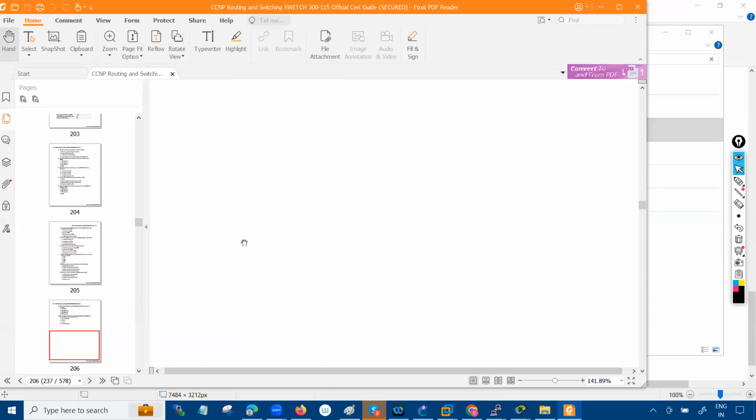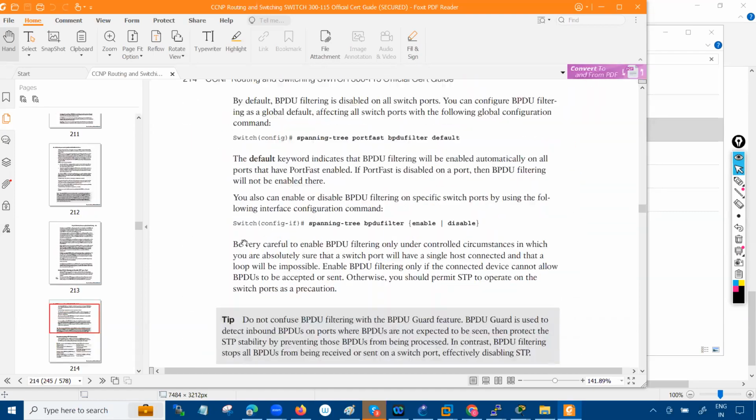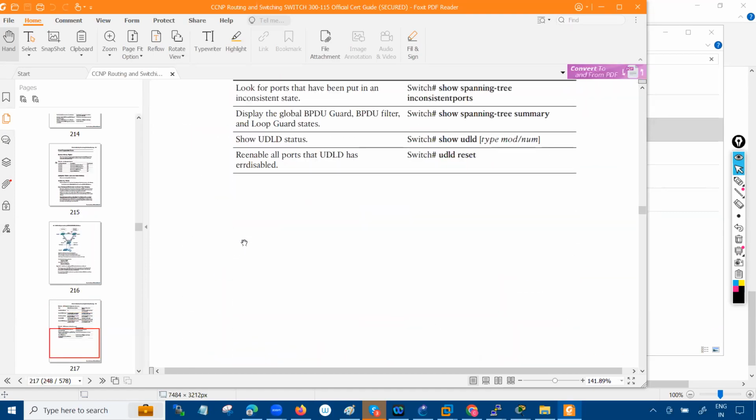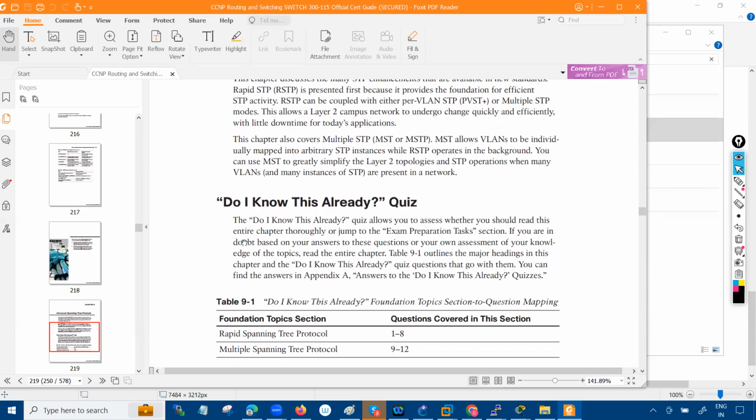We are done with this part. BPDU filtering, BPDU guard, root guard, these are the same things we have discussed, right? Rapid PVST and MSTP protocol.